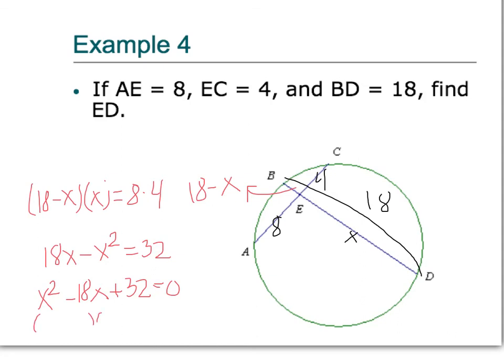And once I factor these quantities, I have x minus 16 and x minus 2, and so my x values will be 16 and 2. Now, they're asking me to find ED, which, yes, I did call x, and so there are our values.